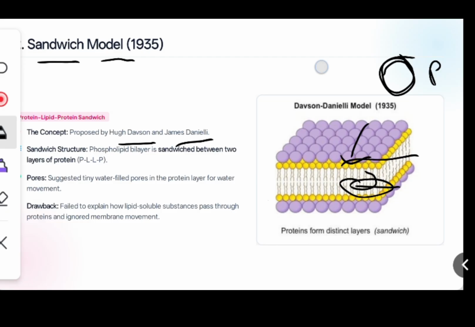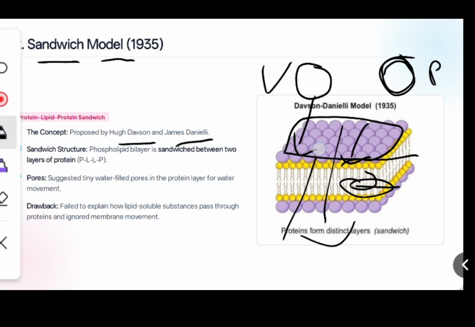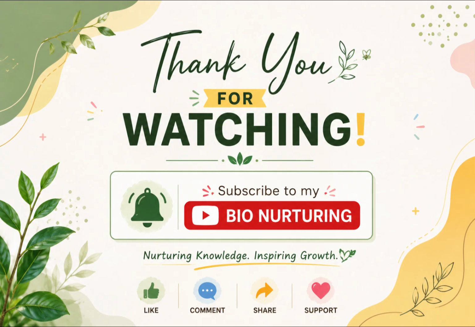And another one is a lipid soluble molecule. It doesn't enter into the first layer either, because the first layer contains protein, so it doesn't allow it to pass. So here the model fails to explain the transportation of molecules or substances from inside or outside of the cell. This is the major drawback of the sandwich model.